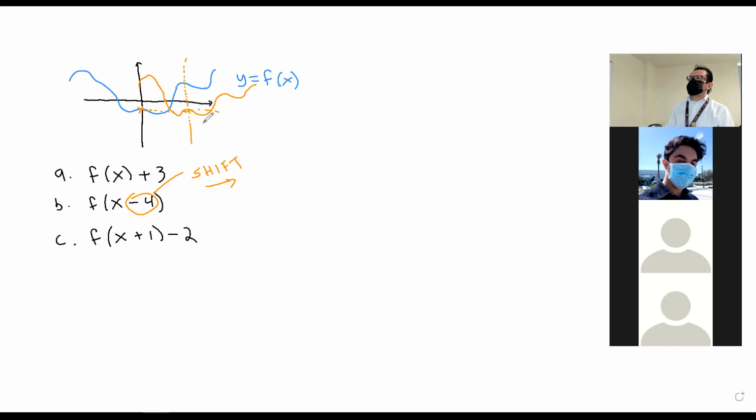So now the graph would be shifted towards this side, 4 units. And again, I take a reference point. Okay, is that clear? Okay. Questions with this one? Over at home, are we okay? Is that clear?